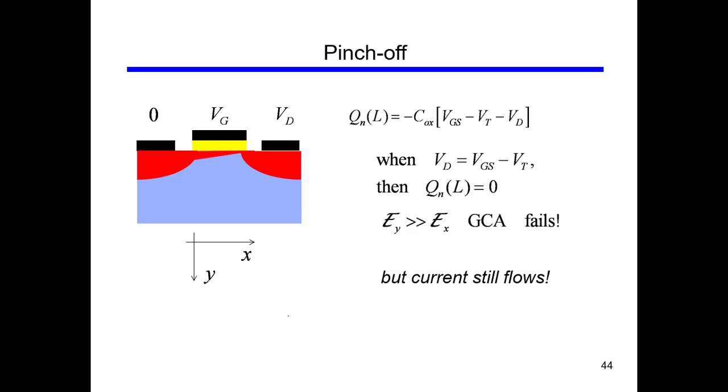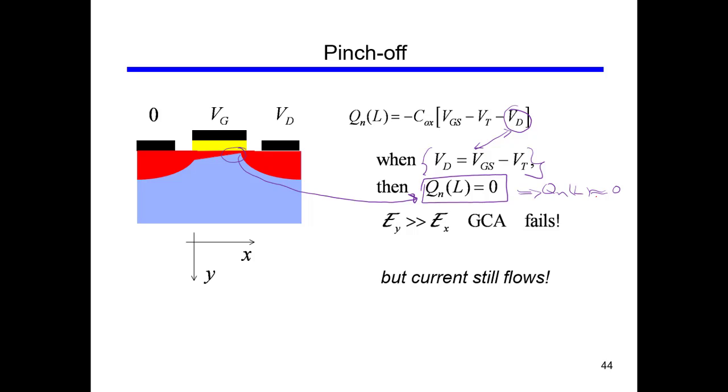Again, it is shown in the slide. What I was saying is that this was the condition for pinch off, and by this we mean that when this is equal to this, the current becomes zero, and we say that there is no charge in the channel. However, as we discussed, at the pinch off point the charge is not exactly zero, but in reality it is very close to zero.